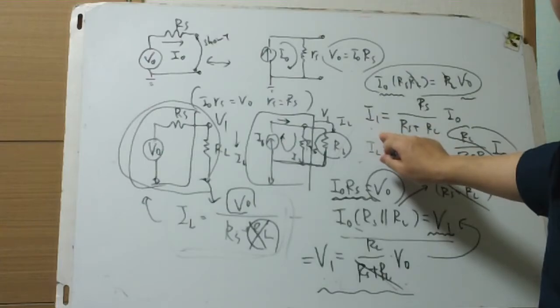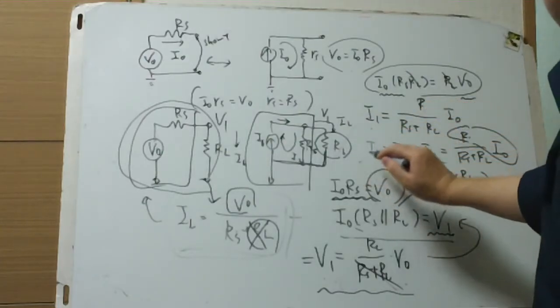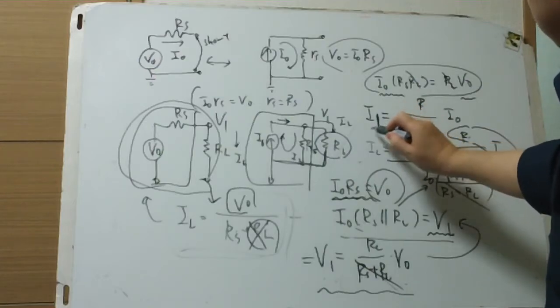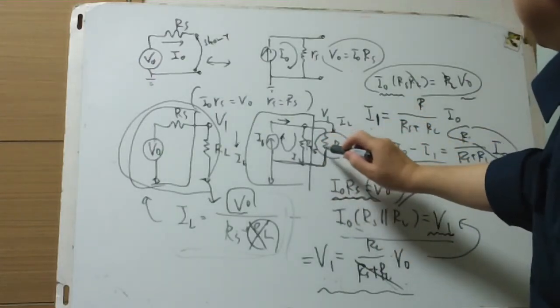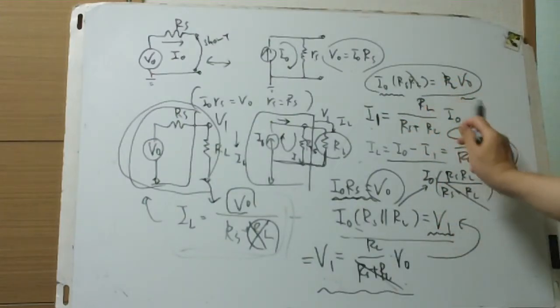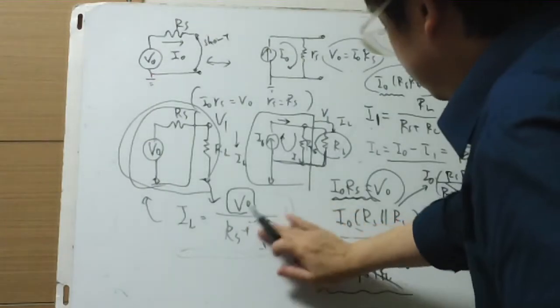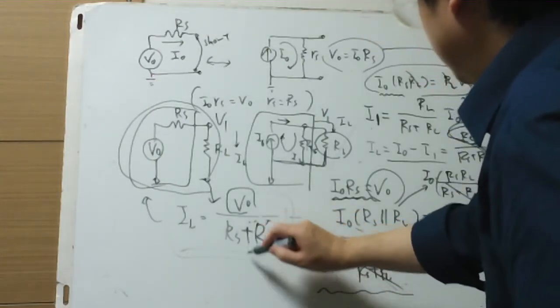Oh, sorry, I1, I just made a mistake. I need I1. The I1 is RL, and this minus RS, this is RS. So RSIO equals VO. So this is false. Oh, sorry.